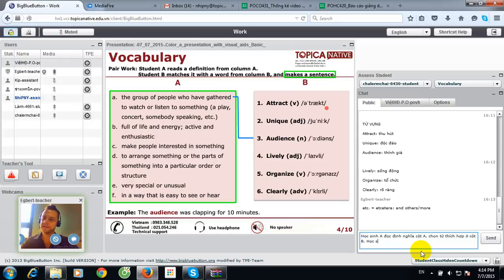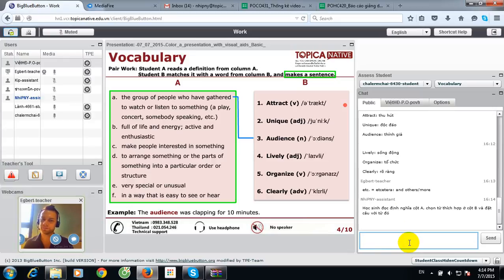Good. Nicely said. I like that. And then Chalamchai, can you make a sentence using audience? A lot of audiences are waiting for the concert in Thailand. Yeah, you can use that like that as well. A lot of audience is waiting outside to go and see the show, for example. Yeah, and in a way, I like how you use this.